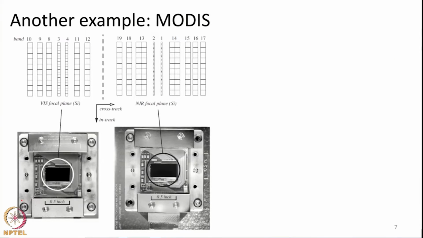This slide shows another example of a sensor known as MODIS, which is again a famously used sensor. The way MODIS works is very similar to whisk broom methodology, but there is a slight difference. We call this MODIS sensor a paddle broom.